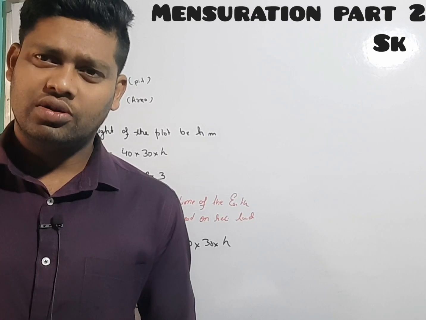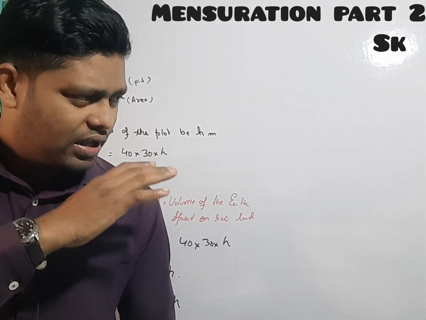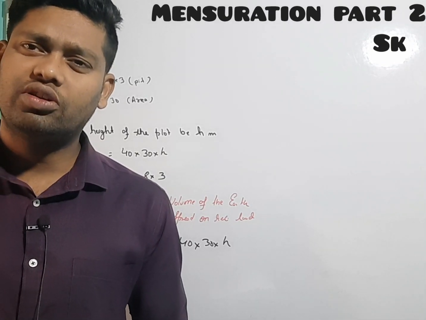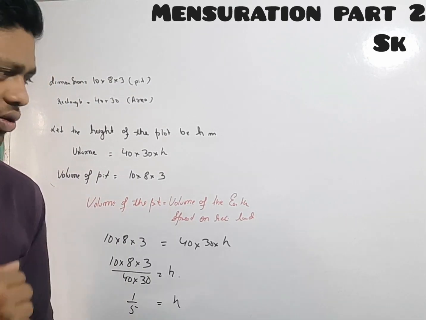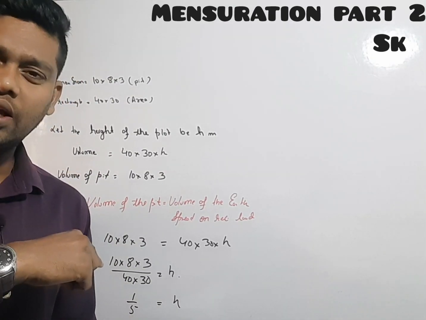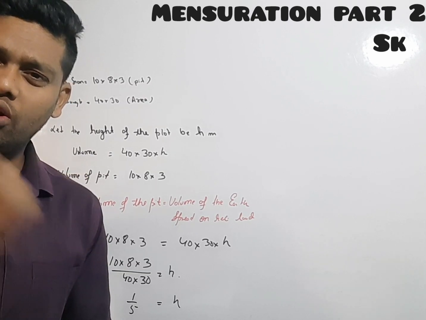So go through the basics. These are very important, not only for your maths but also in your real life. It will be useful for you. Okay, you understood this sum? If not, go through it again, because today's chapter is over this topic only.